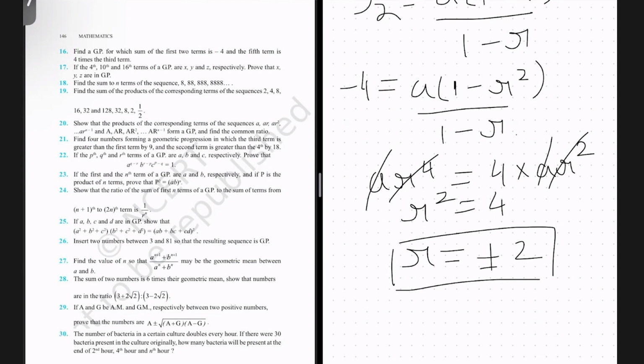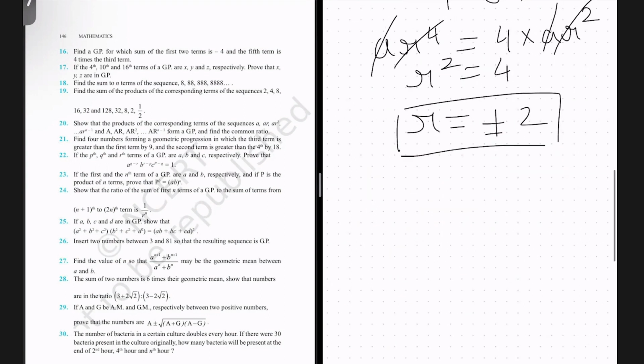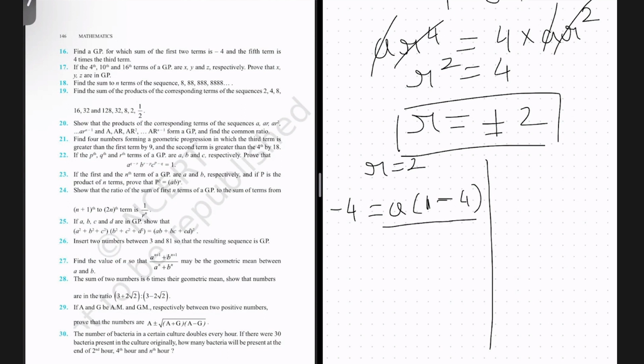Using the values here, let us solve for r. First solve for r equals 2, and subsequently we are going to be solving for r equals minus 2, right? So for r equals 2, we have minus 4 equals a, 1 minus r square is now going to be minus 3, and in the denominator you have 1 minus 2, so that is going to be minus 1, right?